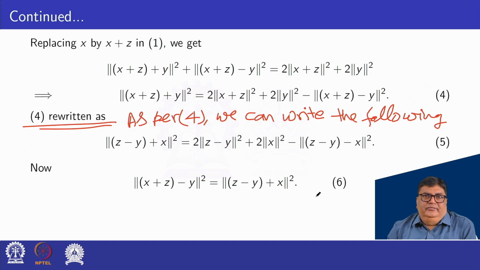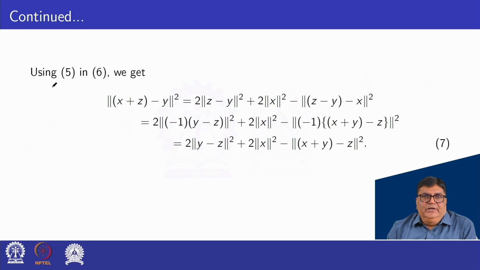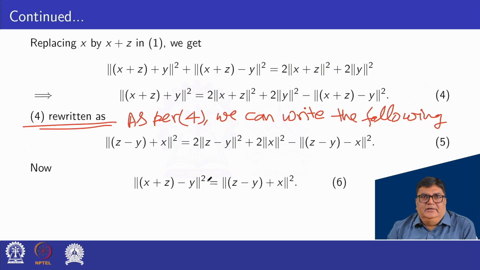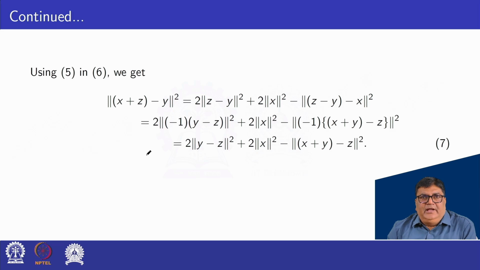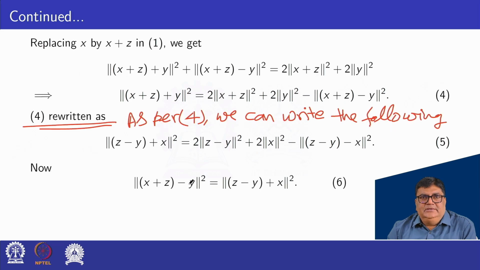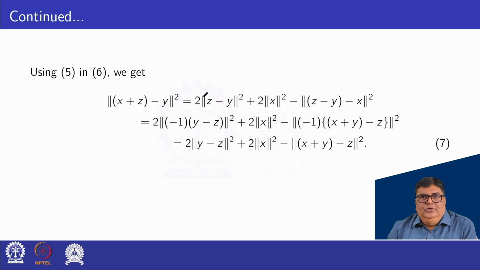Equation 6. Using equation 5 in 6. So here the value of square of the norm z minus y plus x is this. So from 5 and 6 we have norm of x plus z minus y square equal to 2 norm of z minus y square plus 2 norm of x square minus square of the norm z minus y minus x.